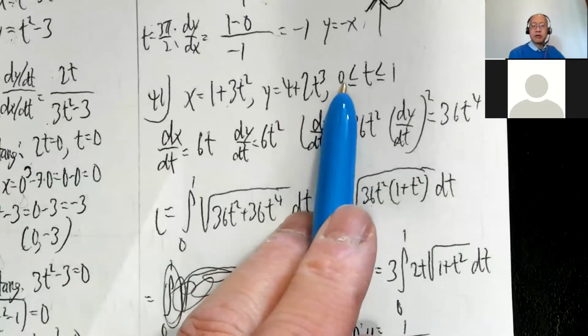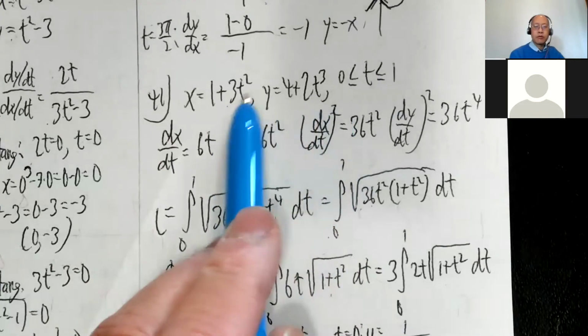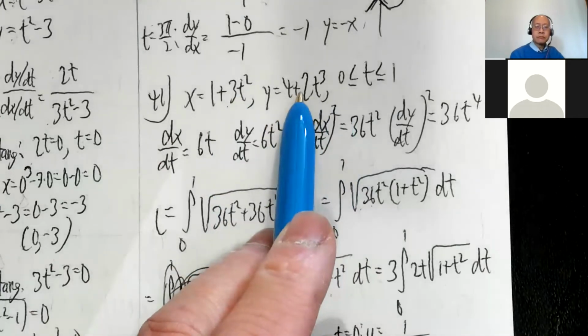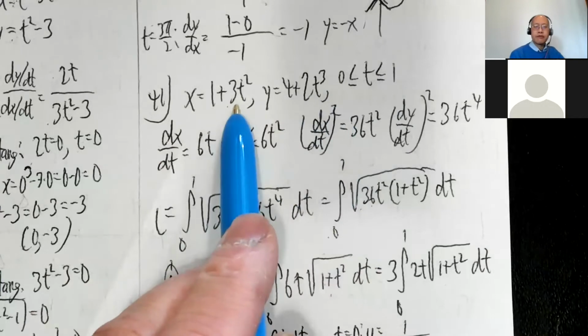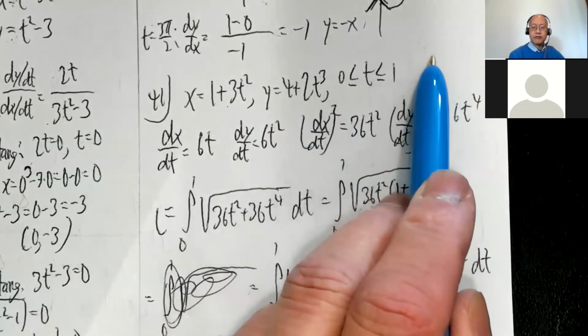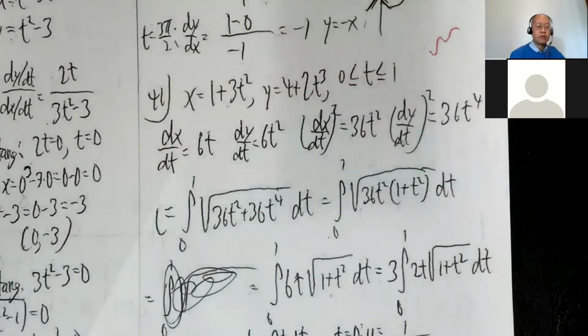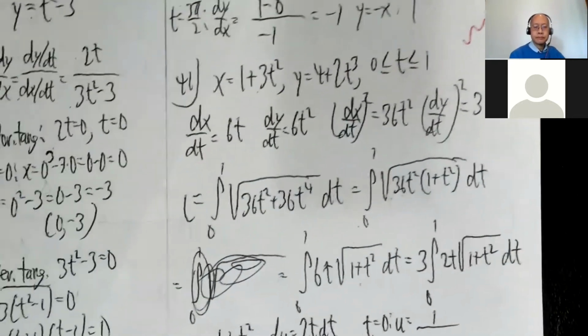In fact, plugging in 0 and 1 should be easy. Plug in 0, you're at 1, 4. Plug in 1, you're at 4, 6. And then in between it does some curvy thing. So whatever it looks like, we're trying to find the arc length. If I walk along the curve, how far would I have walked? Okay.